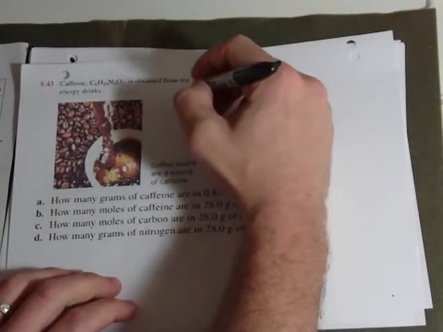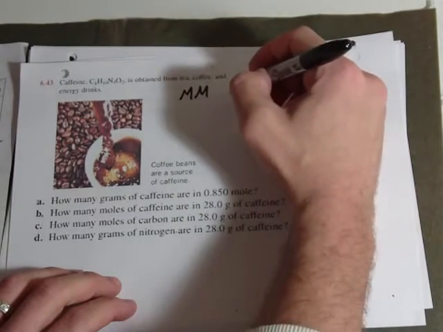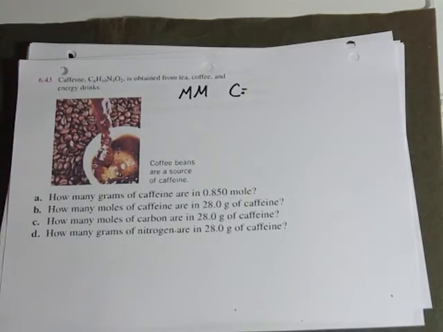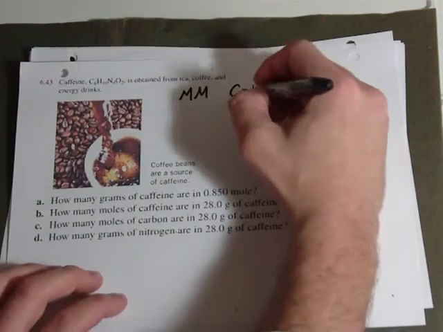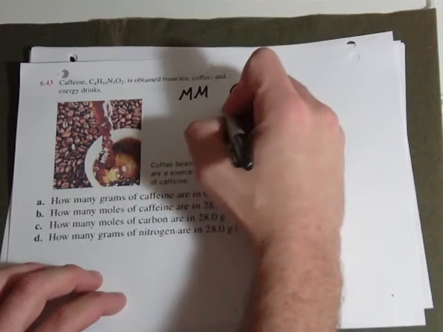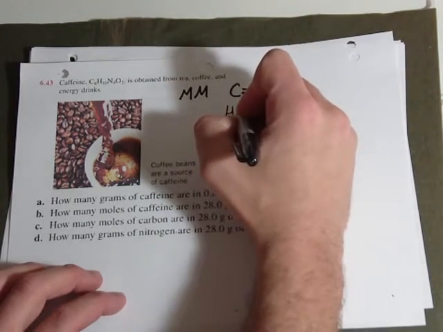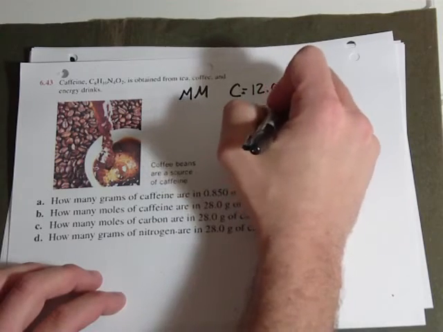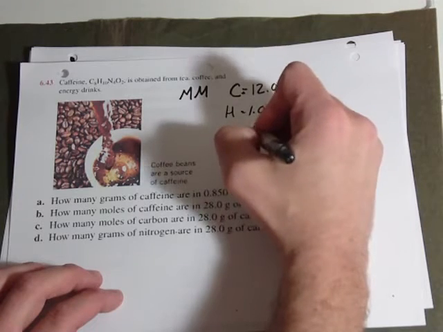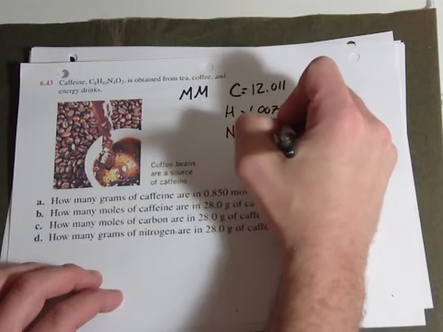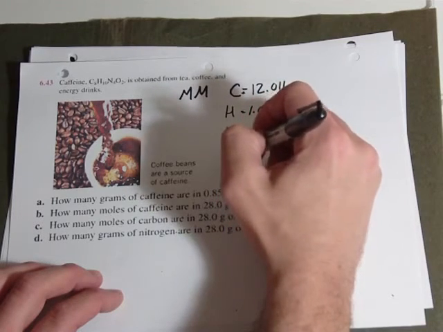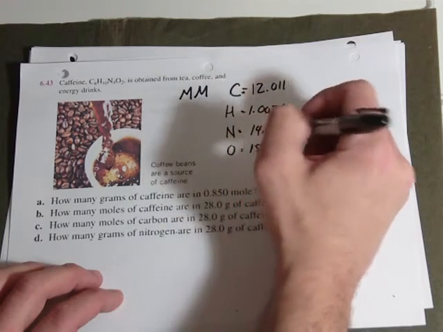So for the molar mass of caffeine, you have carbon, and carbon has a molar mass of 12.011. We have hydrogen as 1.0079, nitrogen as 14.0067, and oxygen 15.999.